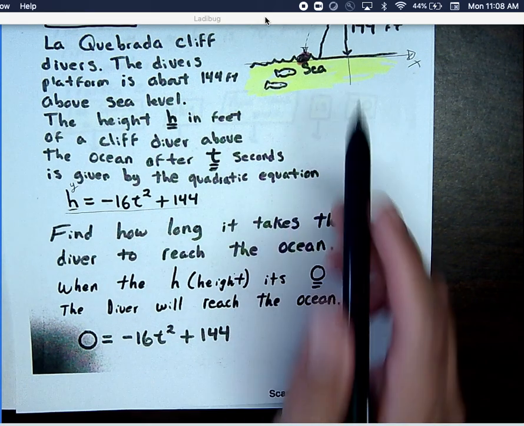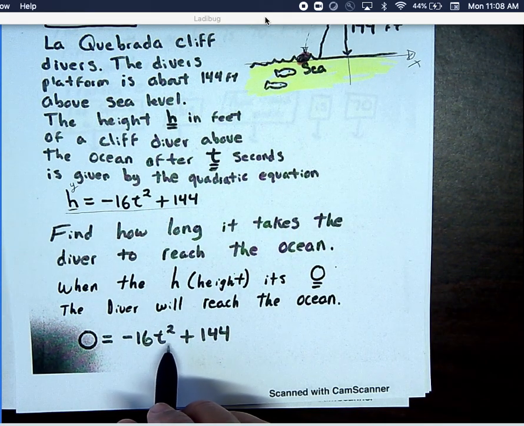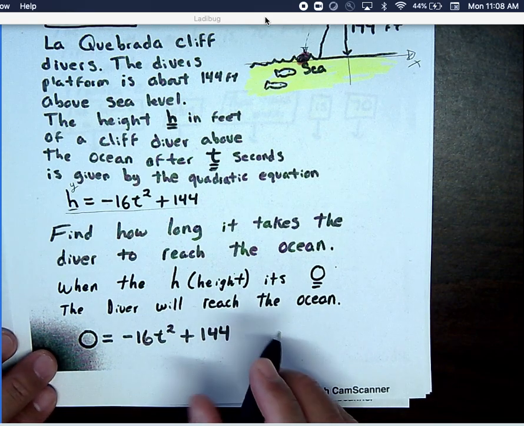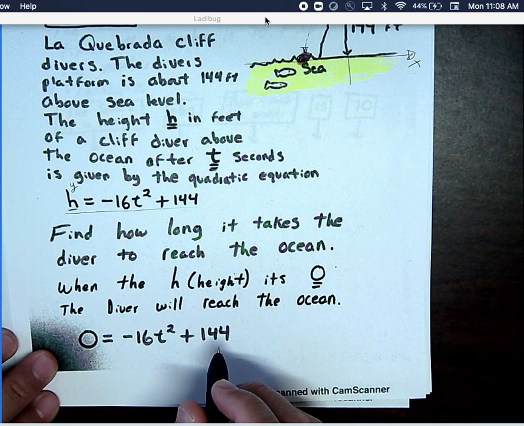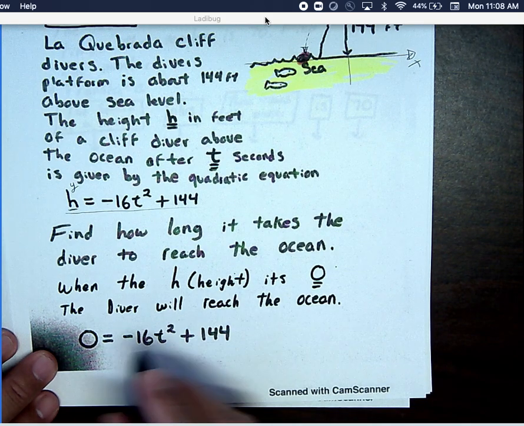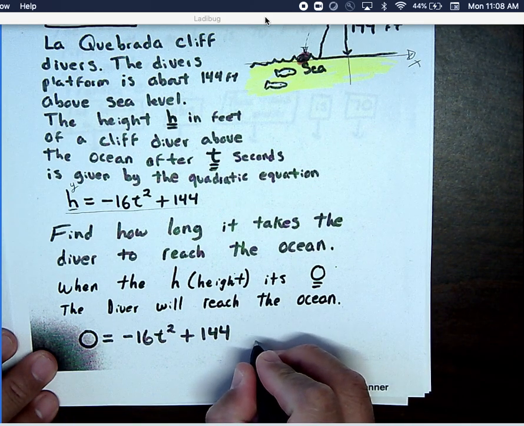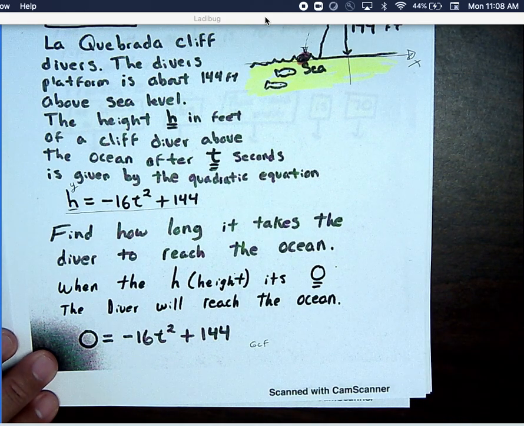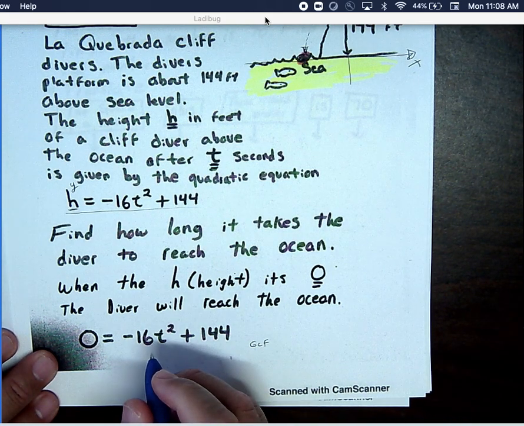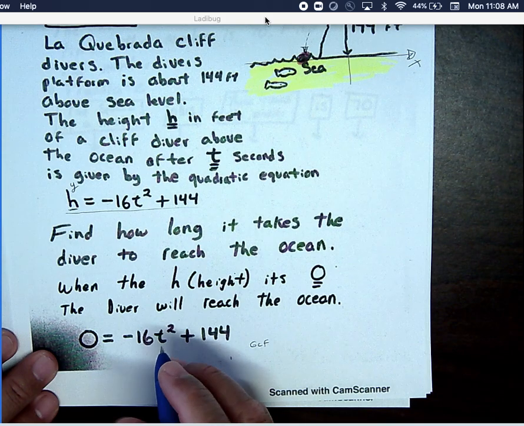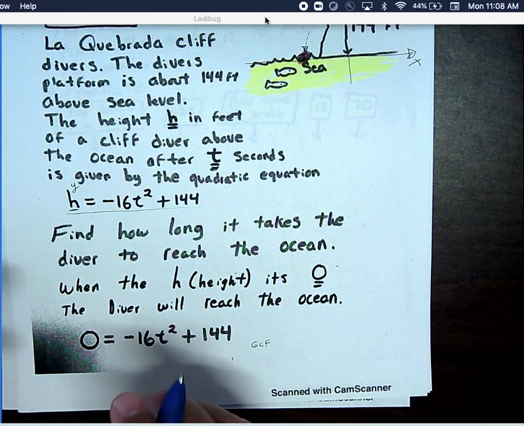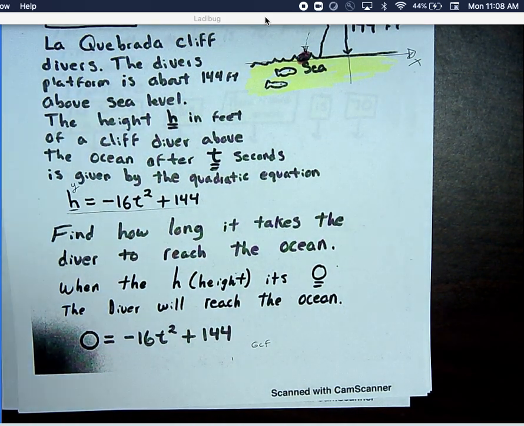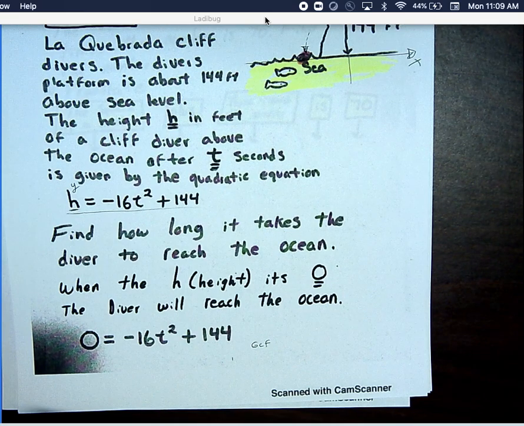So how do we find that? Well, we're going to have to find the solutions of this. The first thing you need to do is see if you can factor something out, the GCF. And I think negative 16 works. Let me get the calculator. So 144 divided by 16. Yes.